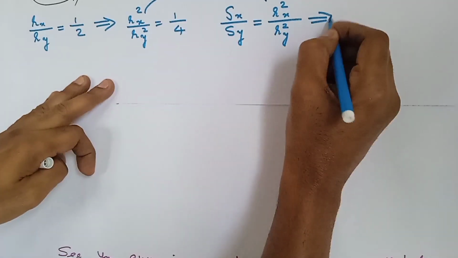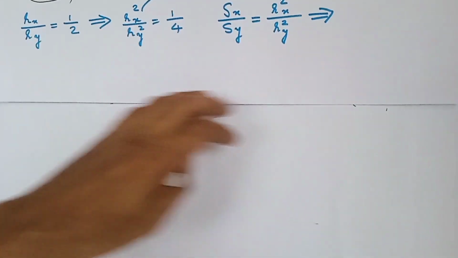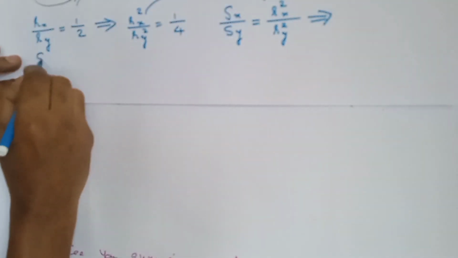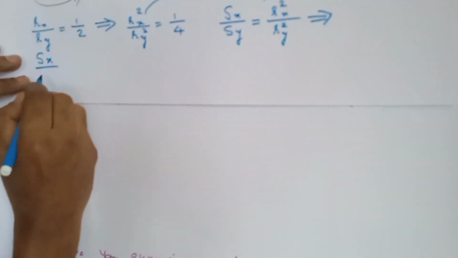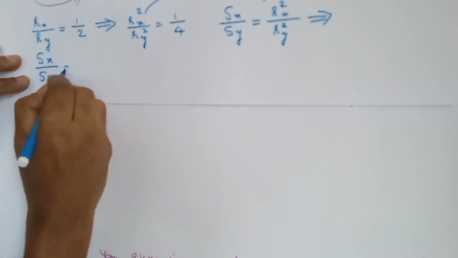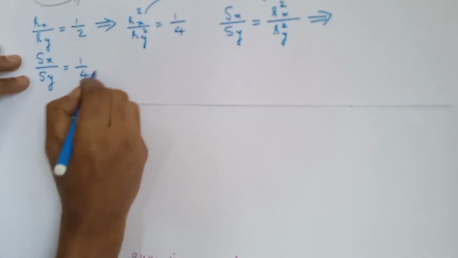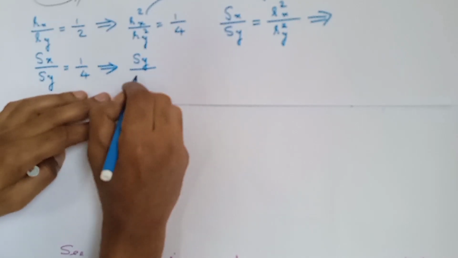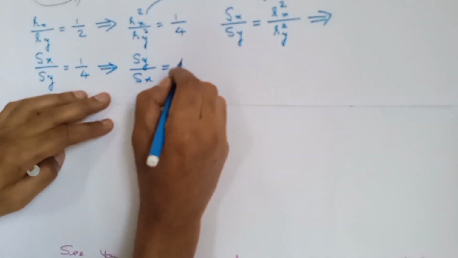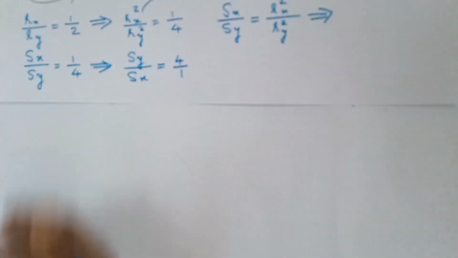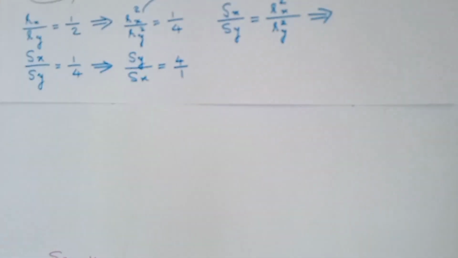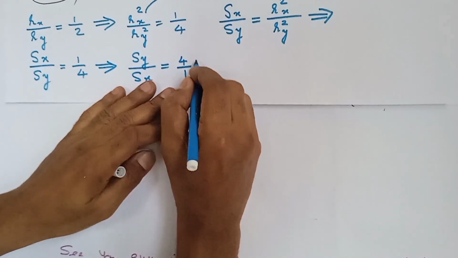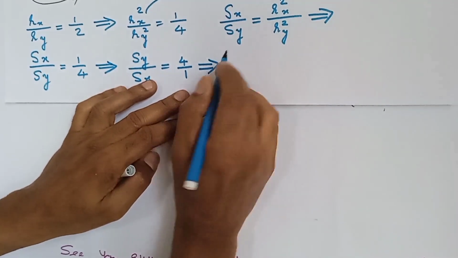you get Sx by Sy equal to 1 by 4. Inverting the ratio, you get this. Now this implies what?